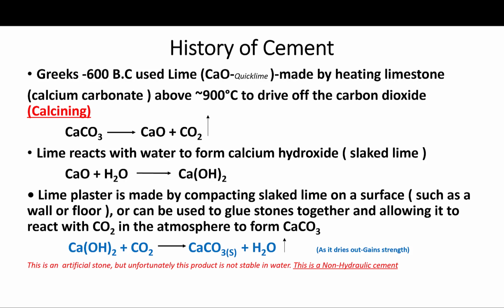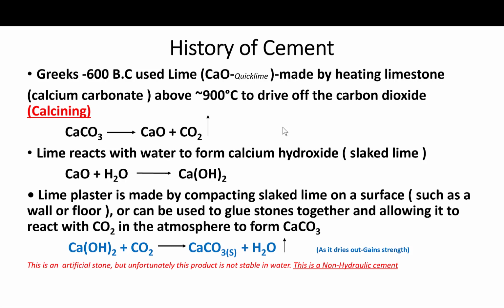Basically, this calcium carbonate rock is heated to around 900 degrees Celsius. This will result in quicklime, which is the calcium oxide, by driving off the CO2 from the calcium carbonate, and we end up with what's called the quicklime.